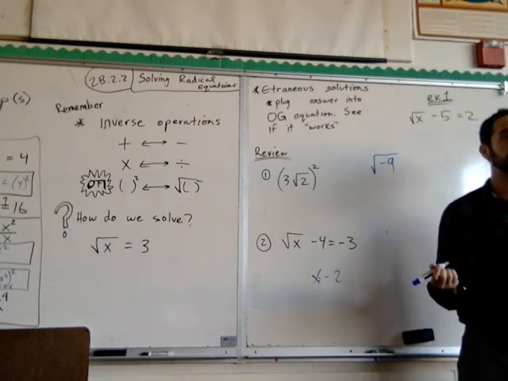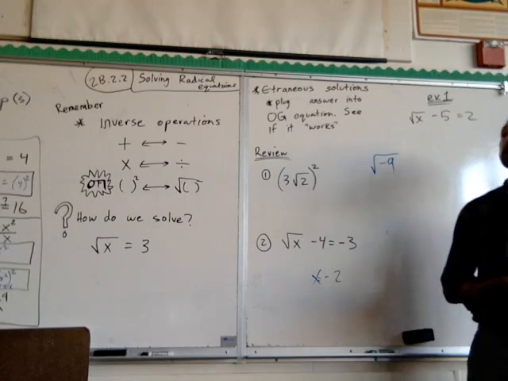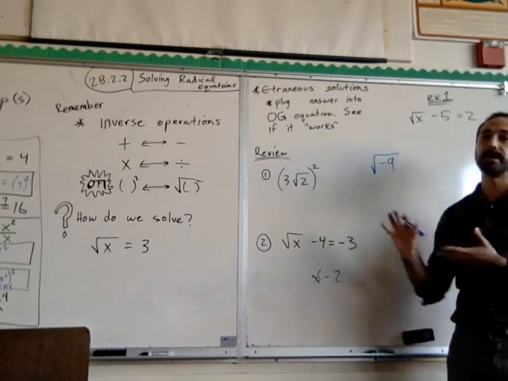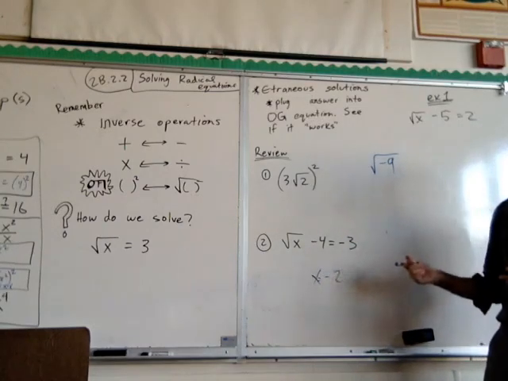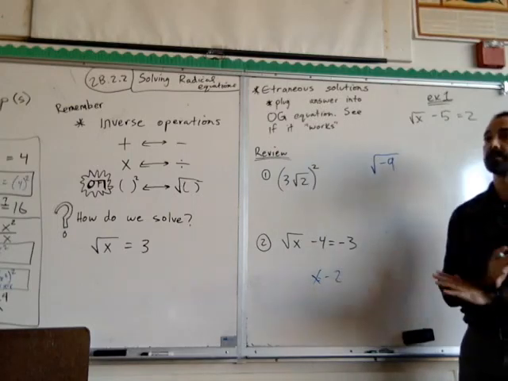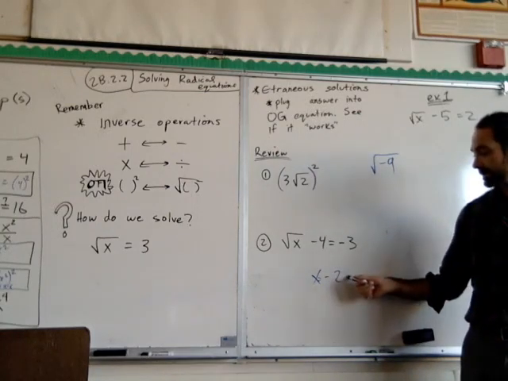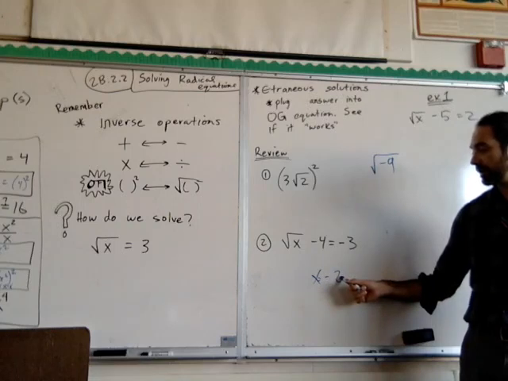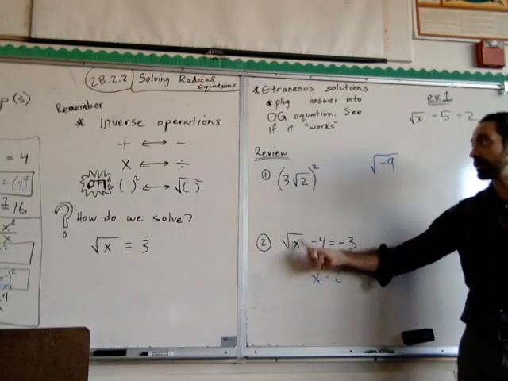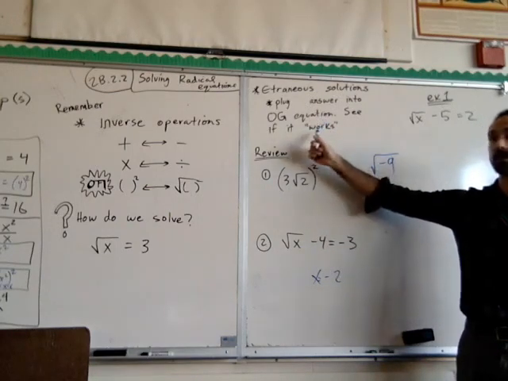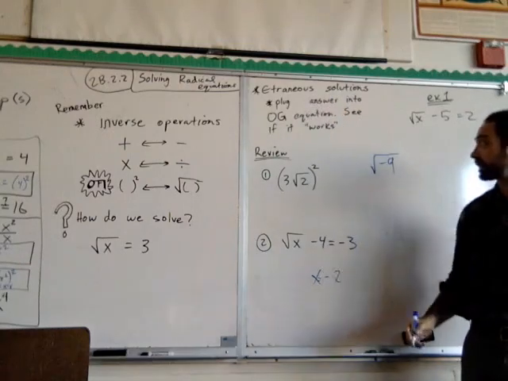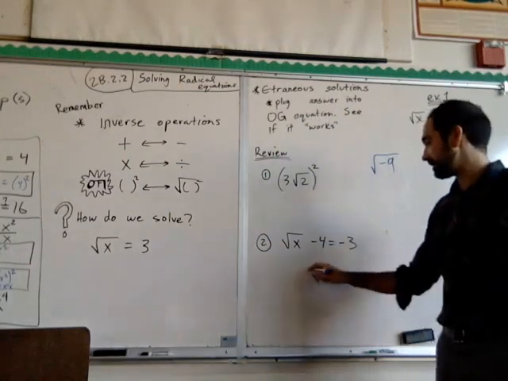It's undefined there, right? We can't have that. So we're not going to go into complex numbers using imaginary numbers. Here we're actually just thinking about real numbers only. And in this case, if x equaled negative 2, but when I plug it into the original it doesn't work, then we do have an extraneous solution.